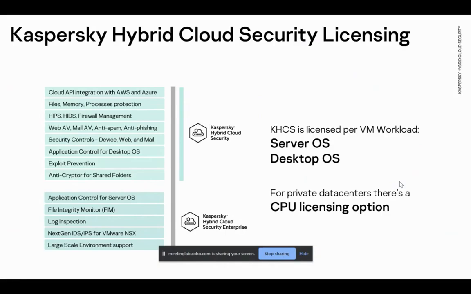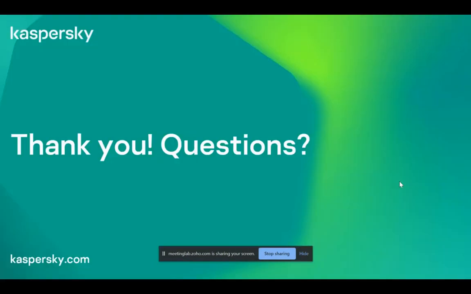So it's better to use per workload as a standard. But if you have a private architecture and you know the CPU count and everything, it's also good to go with the per CPU approach. So two license editions, that is standard and enterprise, two licensing modes, that is per workload and per CPU.